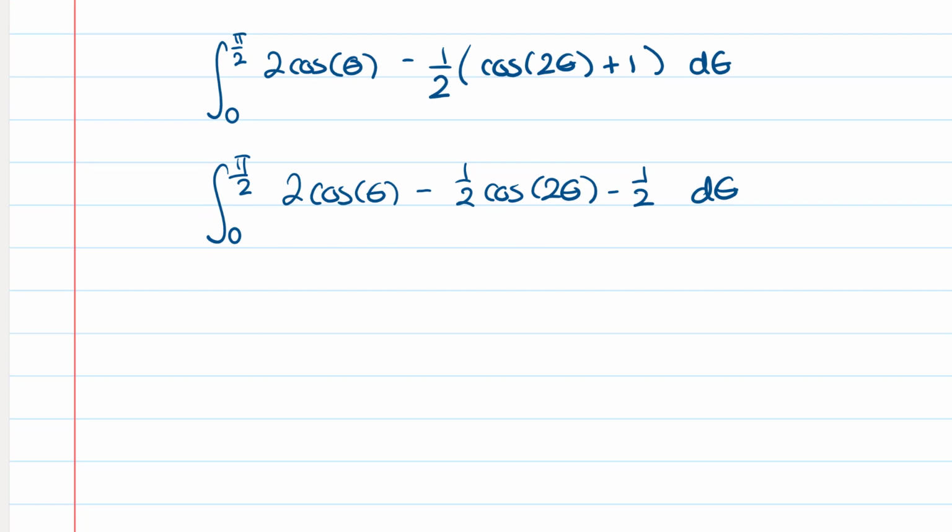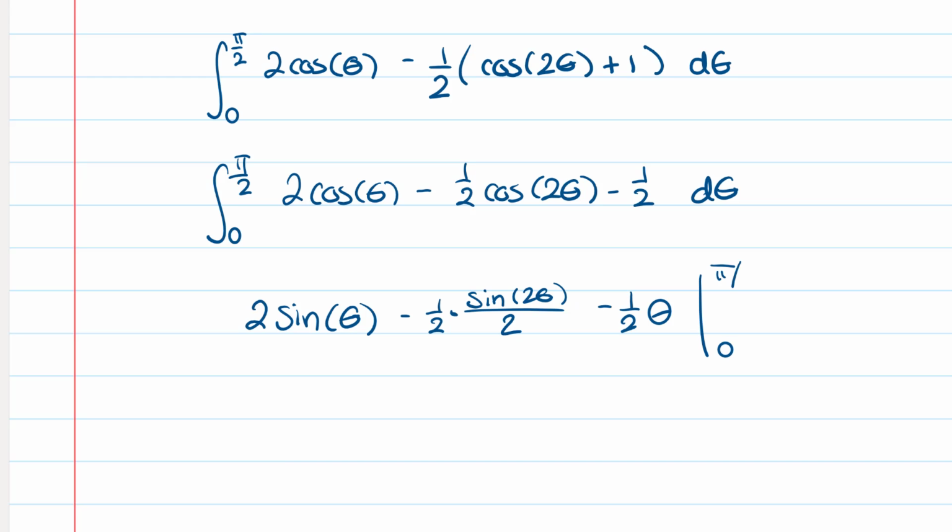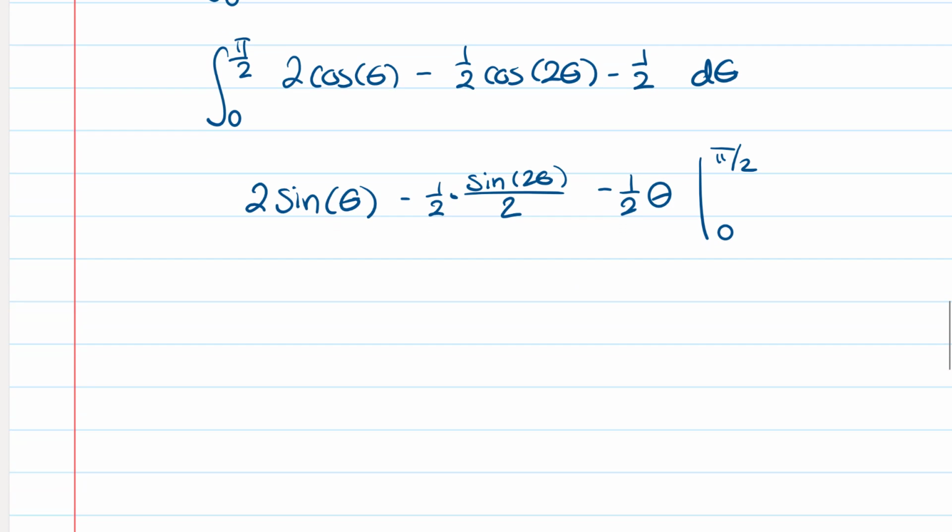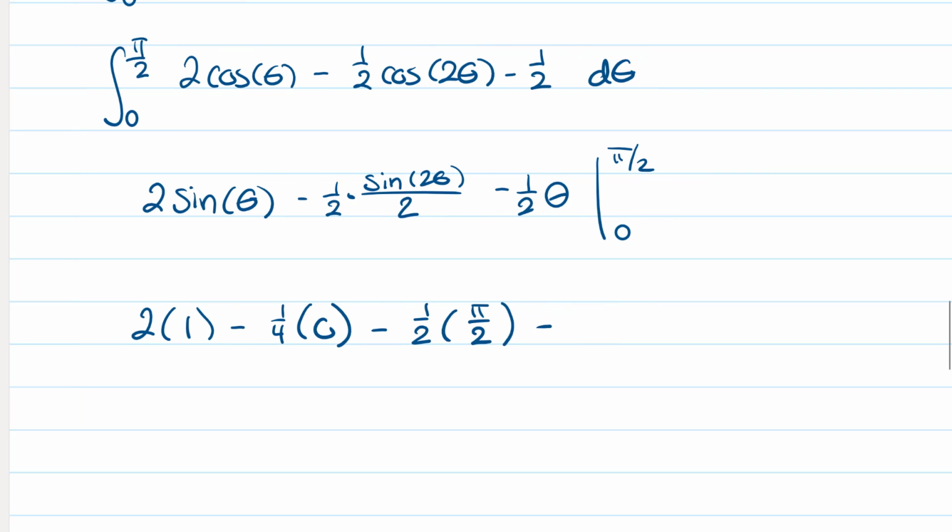So when I integrate 2 cosine, I'm going to get 2 sine. Here I'm going to get minus 1/2 sine 2 theta, all divided by 2, minus 1/2 times theta from 0 to pi over 2. So when I plug in pi over 2, I get 2 times 1 minus 1/4 times sine of 2 times pi over 2 would be sine of pi, so it's 0, minus 1/2 times pi over 2, and then you go ahead and plug in 0.